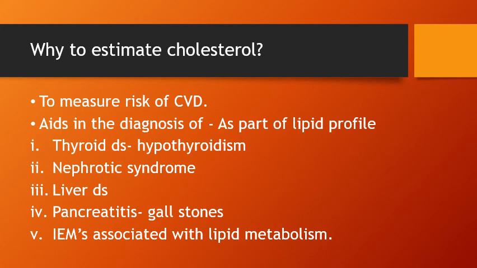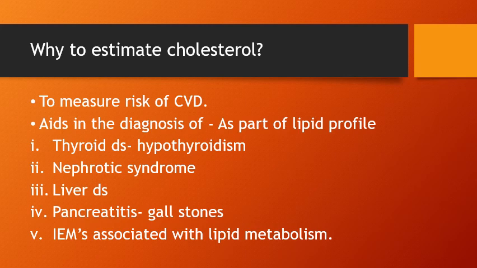Also, as a part of the lipid profile, it helps in the diagnosis of thyroid disorders, such as subclinical hypothyroidism, wherein the TSH levels are increased but the patients do not have much symptoms, which is usually associated with hypercholesterolemia.